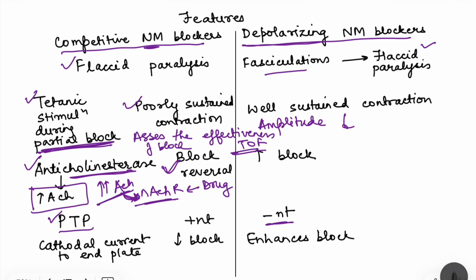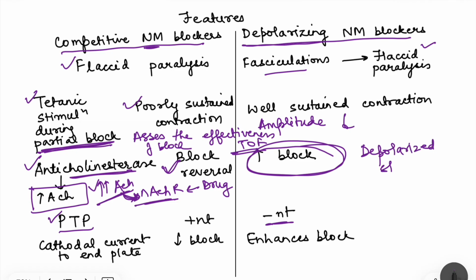With depolarizing neuromuscular blockers, actually there is an increase in the block. Why is that so? See, in competitive, we have already seen that increased acetylcholine will bind and it is going to stimulate the muscle, because at acetylcholine receptors there will be generation of MEPP and action potential. But with depolarizing neuromuscular blocker, the muscle membrane is already held in a depolarized state and sodium channels are inactivated.